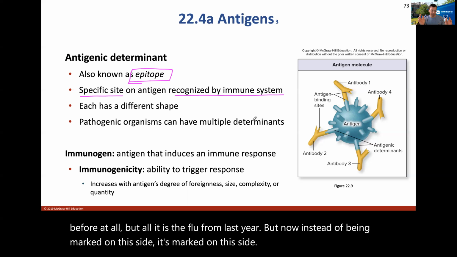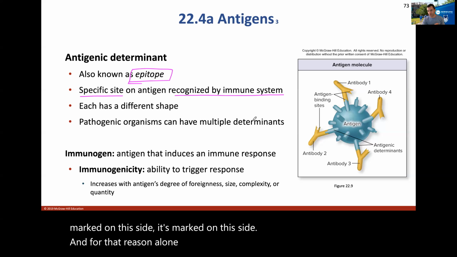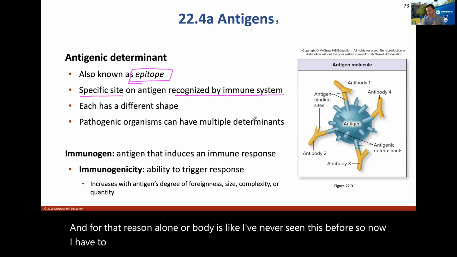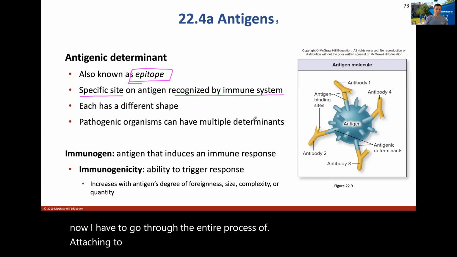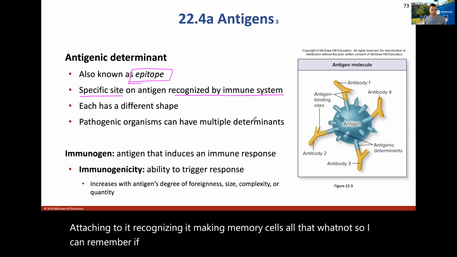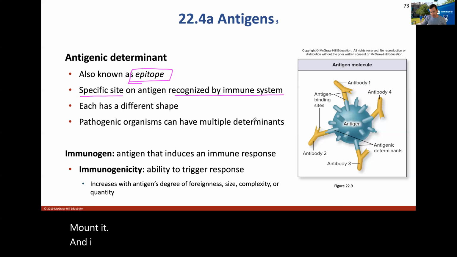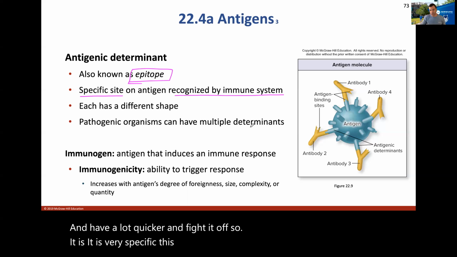And for that reason alone, our body is like, I've never seen this before, so now I have to go through the entire process of attaching to it, recognizing it, making memory cells, all that whatnot, so I can remember if that specific type of influenza comes back again, I can mount a response a hell of a lot quicker and fight it off. So it is very specific, this epitope mounting a specific immune response.